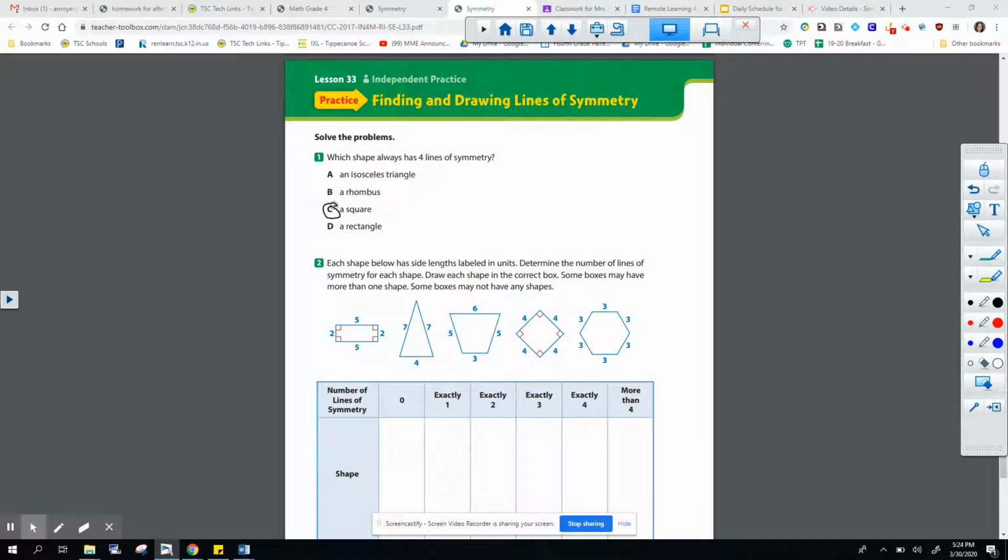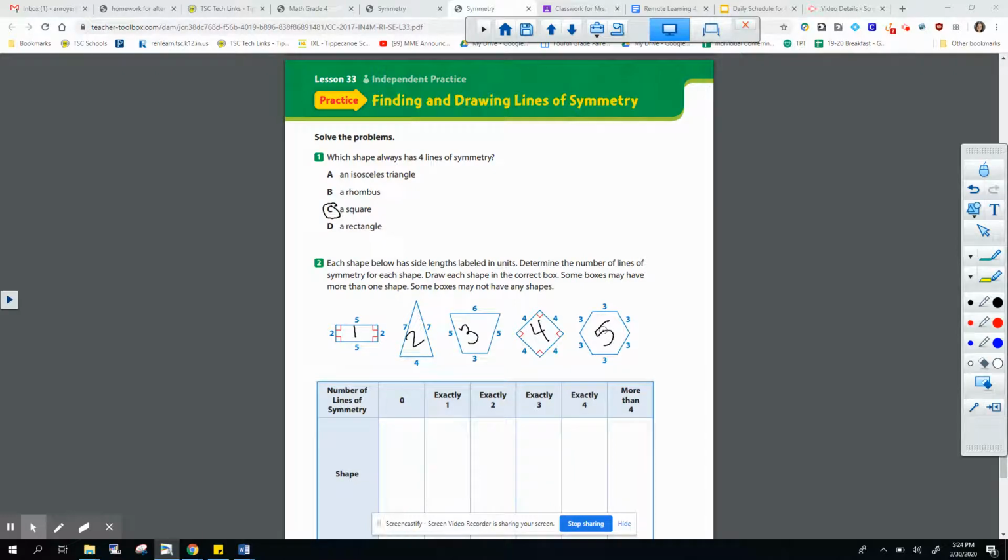And then on number 2, it's asking: each shape below has side lengths labeled in units. Determine the number of lines of symmetry for each shape. Draw each shape in the correct box. Some boxes may have more than one shape. Some boxes may not have any shape. So instead of drawing them, I'm just going to label them 1, 2, 3, 4, and 5.